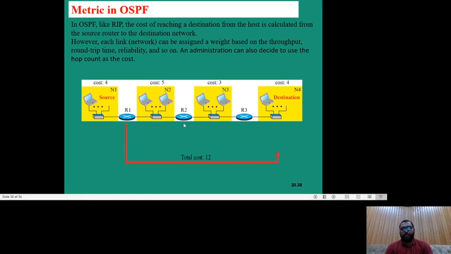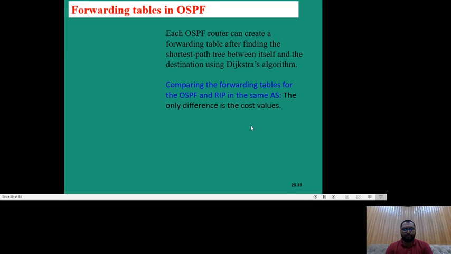Here let's see, from R1 the total cost will be 12. Say, let's assume through R2 up to network 4 the total cost will be 7, and again that cost is based on parameters like throughput, round trip time, reliability, and so on. And for R3 it can be 4.